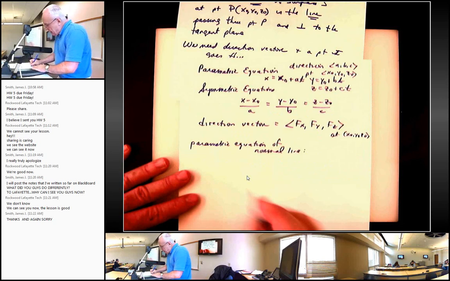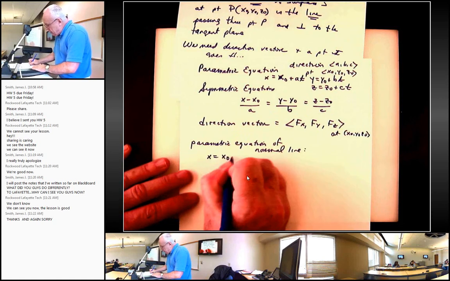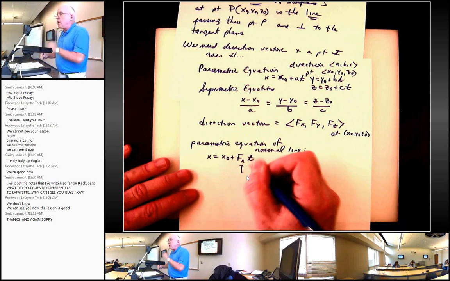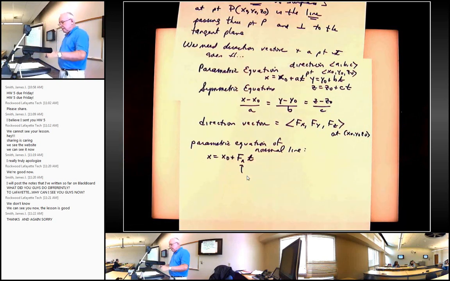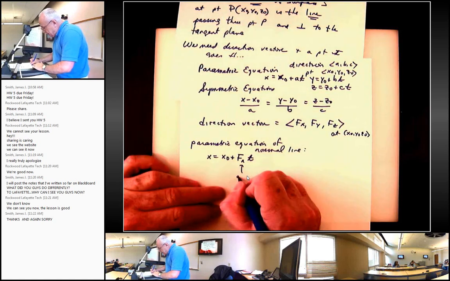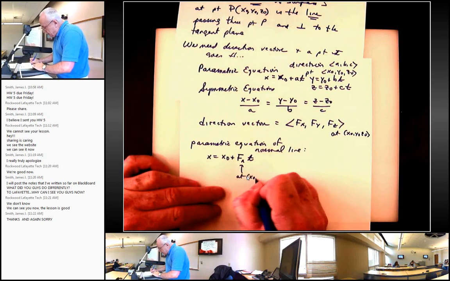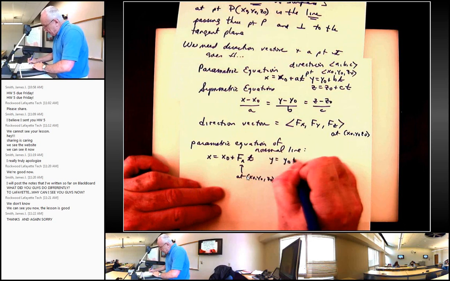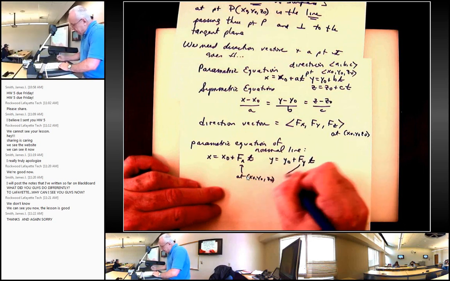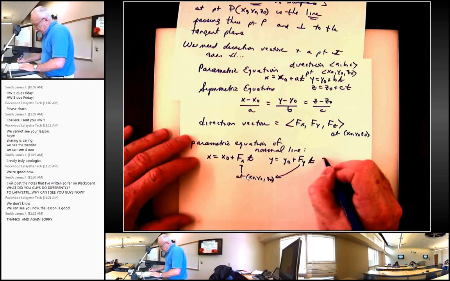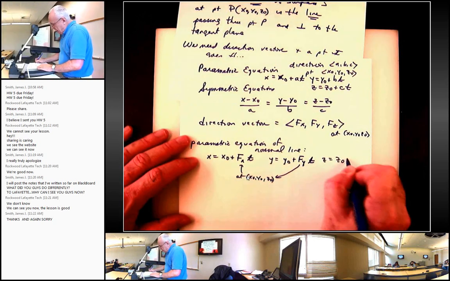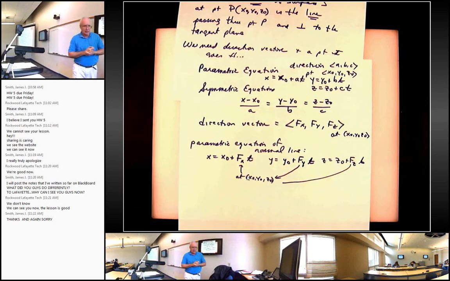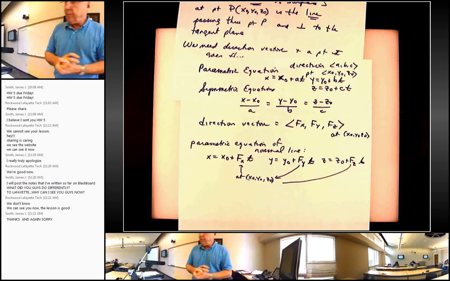We have x equals x naught plus capital Fx times t, where we plug in x naught, y naught, and z naught to get a number. y equals y naught plus capital Fy times t, again at x naught, y naught, z naught. And z equals z naught plus capital Fz times t, and that capital Fz is computed at our point.